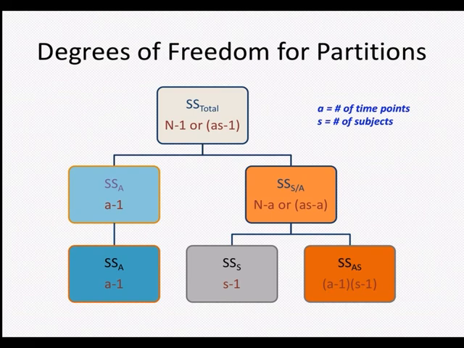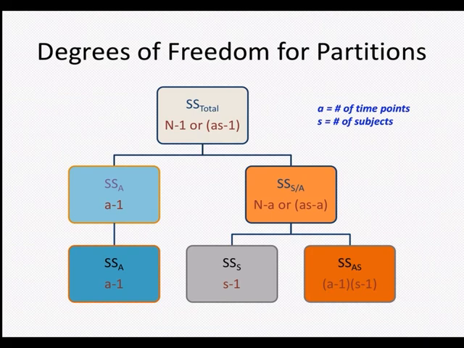And then here is the sum of squares for the total error, which would be this. But in terms of the F value, we're going to only use this error. We're going to take out the sum of squares between subjects. And this would be A minus 1 times S minus 1, where S is the number of subjects. So this would be the degrees of freedom for the error.